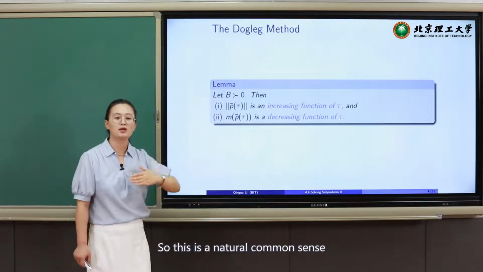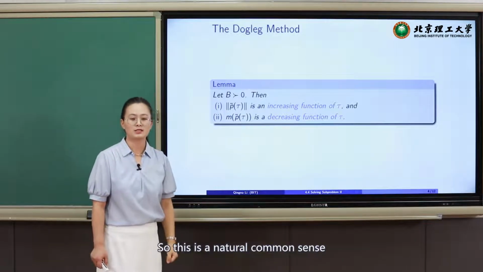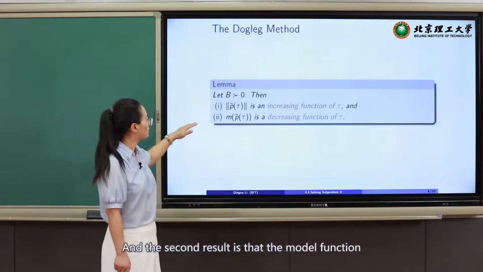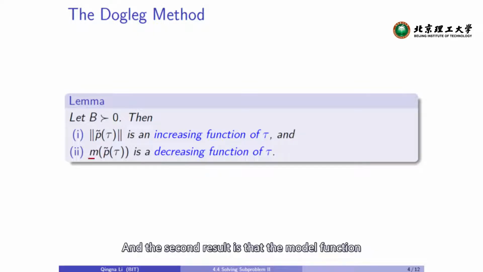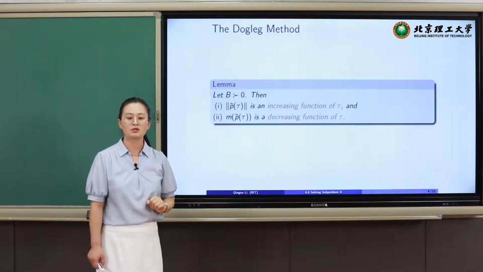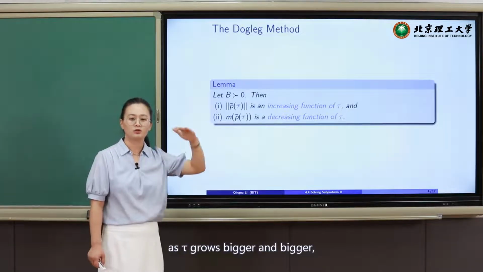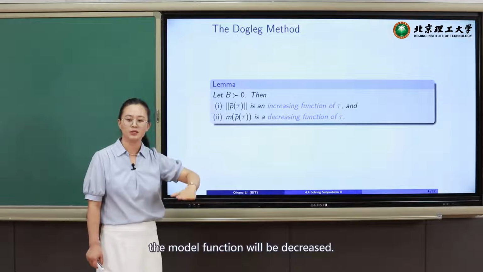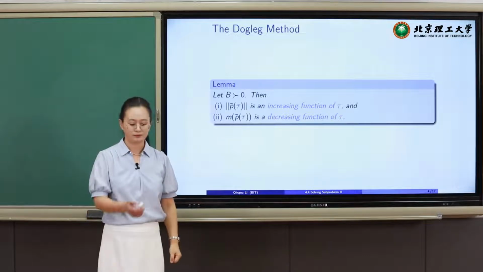This is natural common sense from our analysis before. And the second result is that the model function with respect to p tau is a decreasing function of tau. In other words, as tau grows bigger and bigger, the model function will decrease.